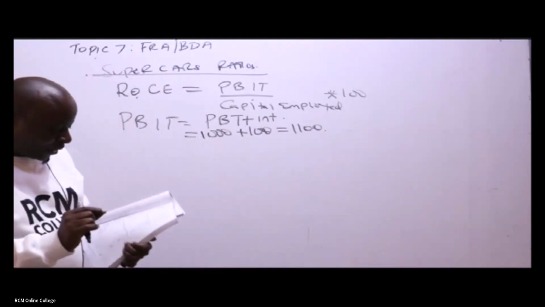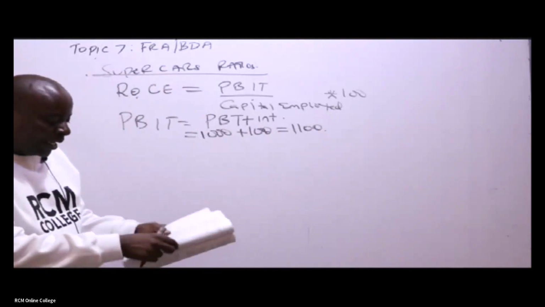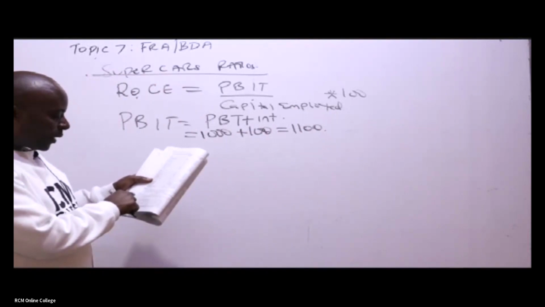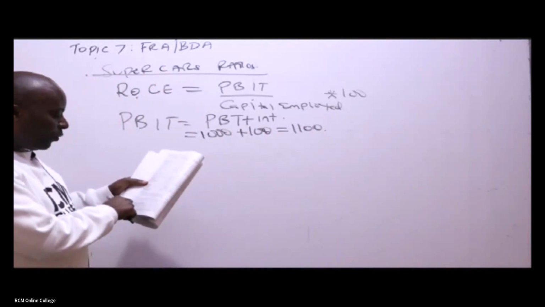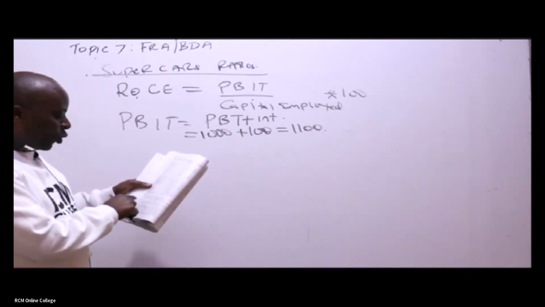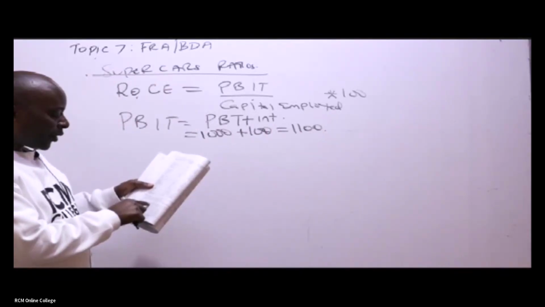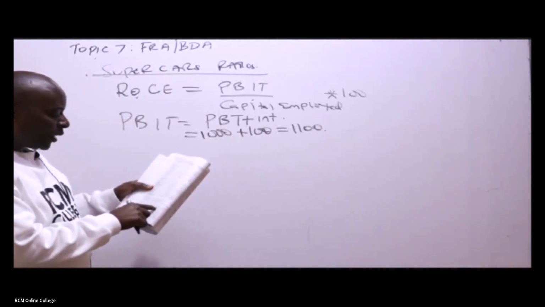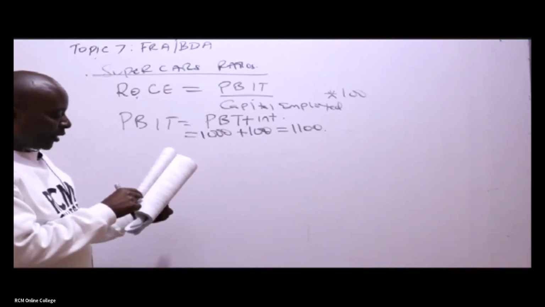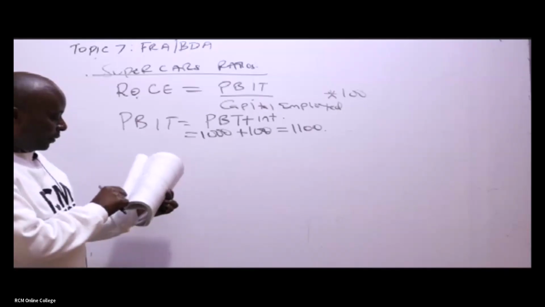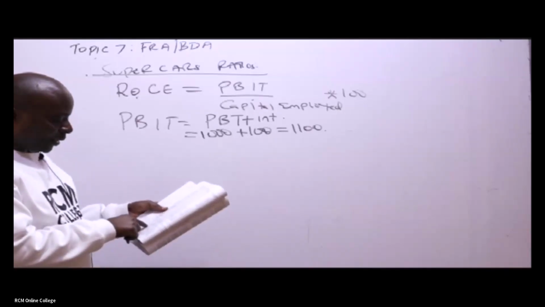Which are the industry ratios? They are given. I even told you to underline from the beginning of the question, first paragraph. Supercars Limited deals in car accessories. Roughly 75% of sales are on credit, while the balance are cash sales.